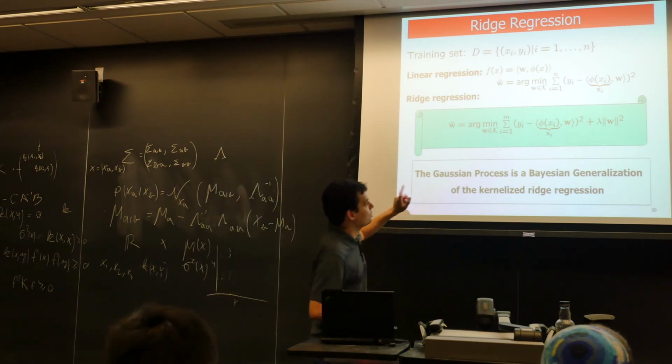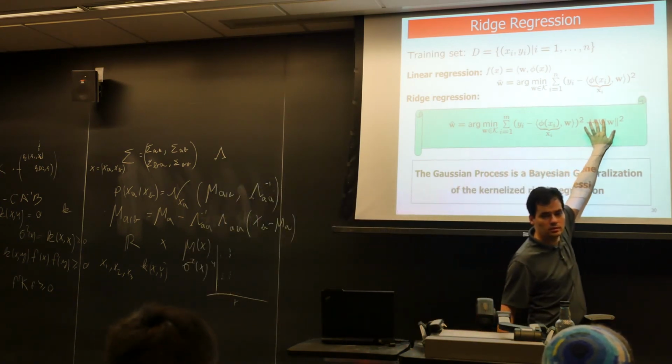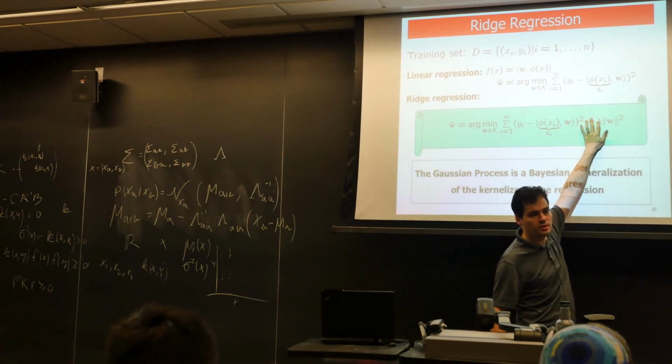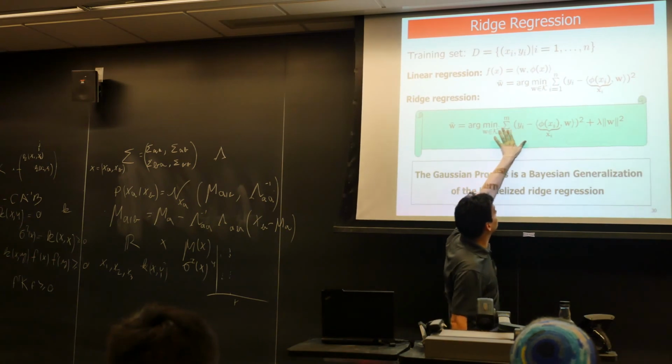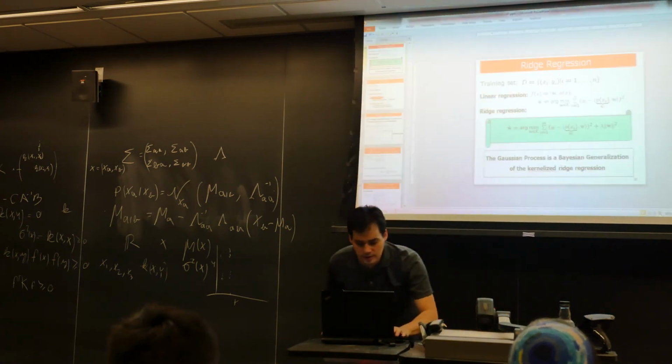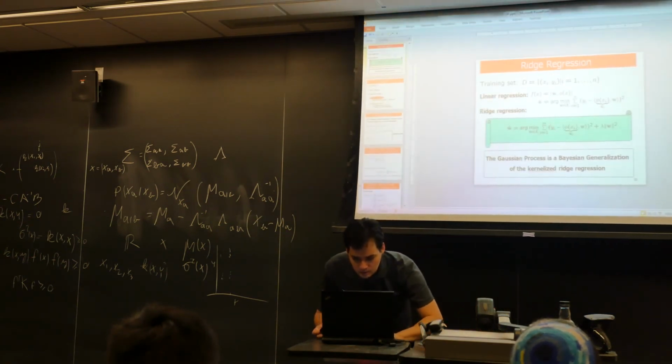In ridge regression, we have this extra term with a regularization parameter lambda, and we want to minimize this cost function.